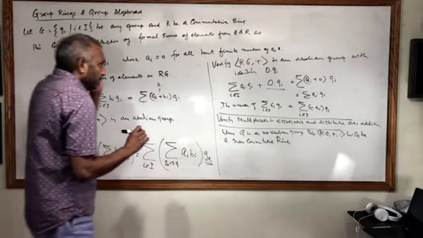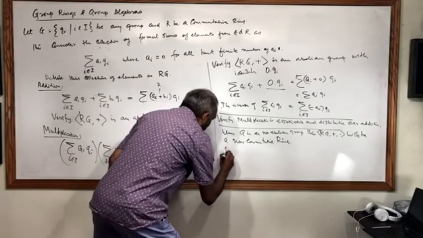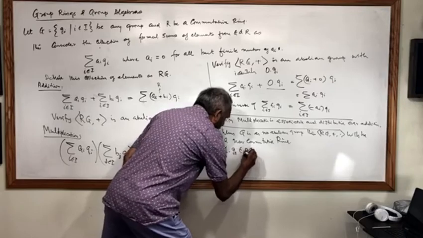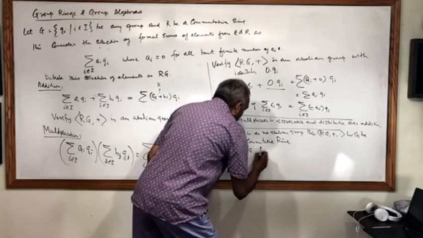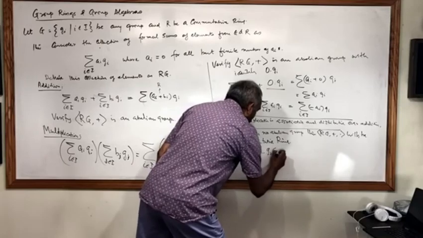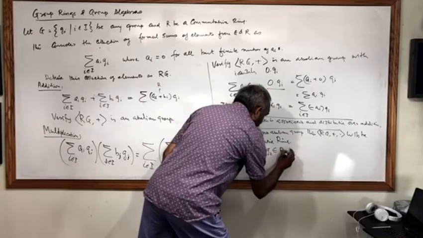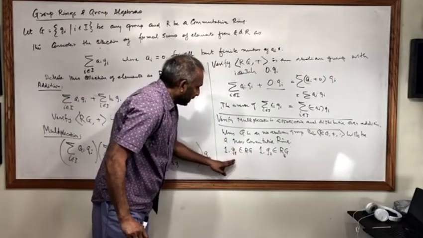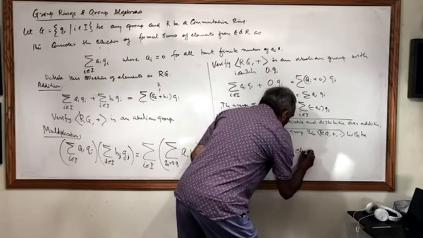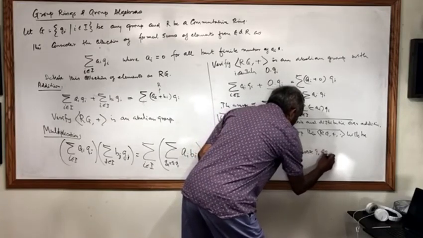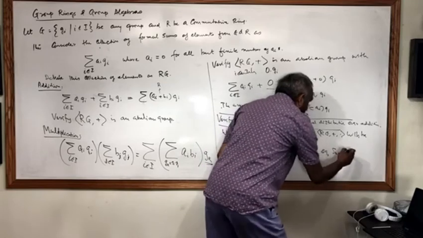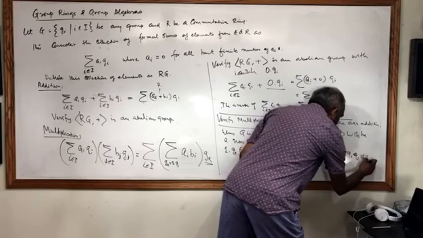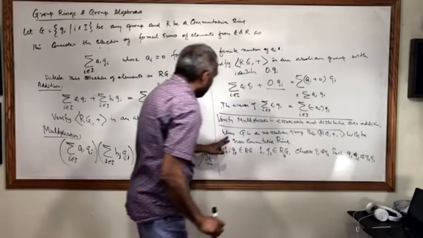Because 1·g1 belongs to RG, and 1·g2 belongs to RG. I'm choosing g1 and g2 such that g1g2 is different from g2g1, because this is a non-abelian group.